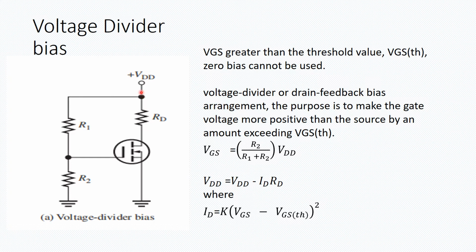Here there is a slight correction: instead of VDD it should be VD, the drain voltage. So VD has to be VDD minus ID RD. Now this current ID is given by the Shockley relation: ID equals K times (VGS minus VTH) whole square.